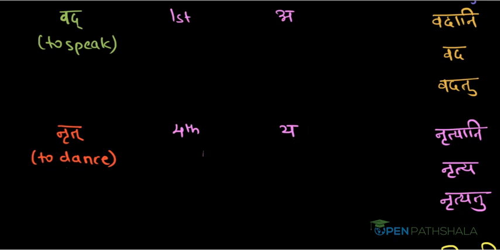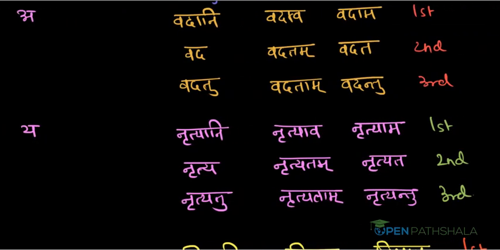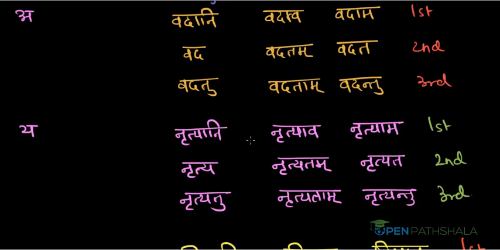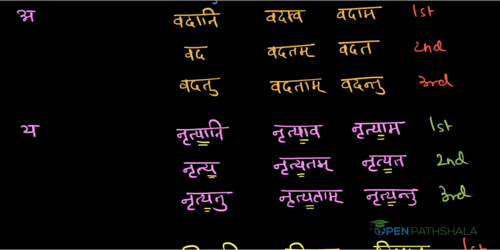So the imperative mood forms of root nrita will be nrityani, nrityava, nrityama of first person, nritya, nrityatam, nrityata of second person, and nrityatu, nrityatam, nrityantu of third person. Now here you can see this ya of vikarana pratyaya should be added. The roots belonging to the fourth group will also have similar imperative mood forms.